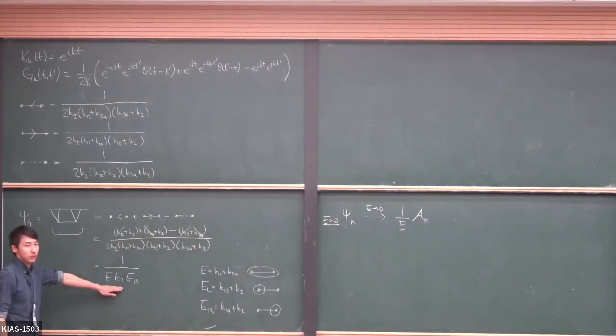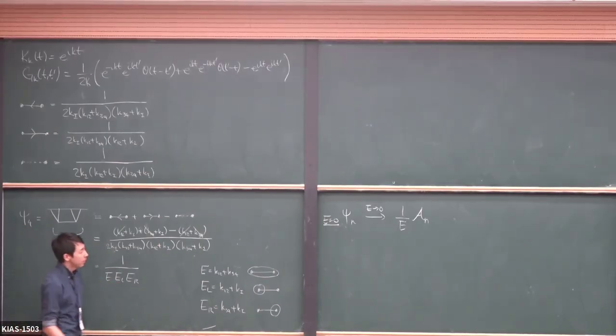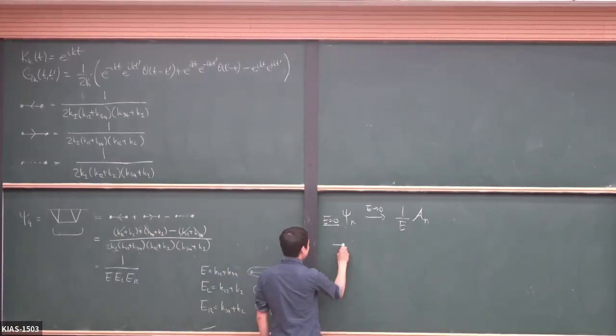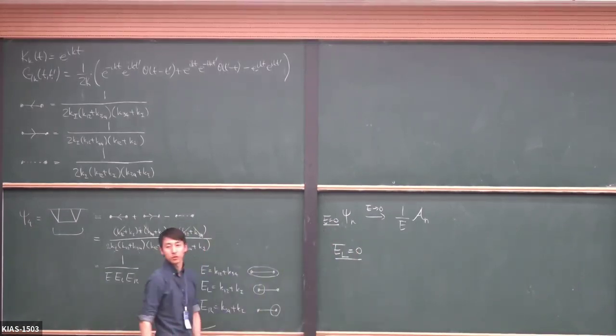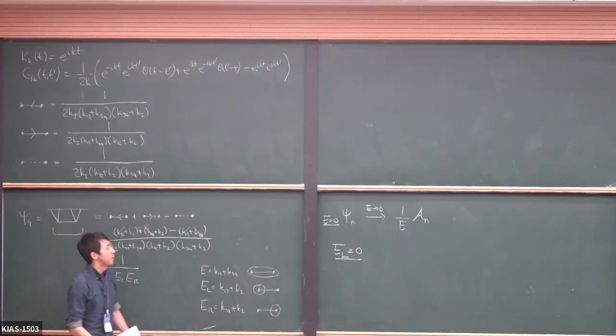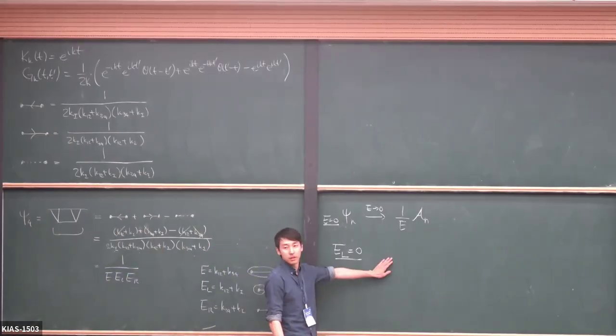Now, there are also other singularities at E_L equals 0 and E_R equals 0. So we also want to know what happens, for example, when we set E_L to 0. Any guess of what should happen when you take this limit?